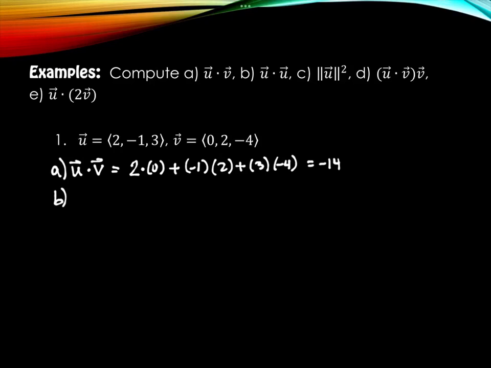So B wants us to find the dot product of u and itself. So we actually just have the square of each of the terms because it's just u with itself. So it's 2 squared, negative 1 squared, and 3 squared. 14. That one's 14. I promise not all answers are 14.